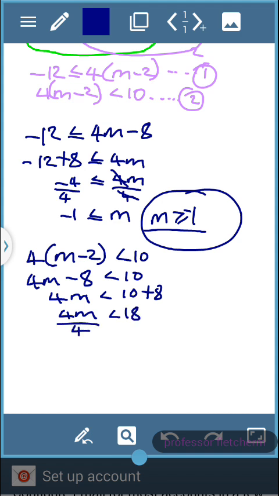Divide both sides by 4, so m is going to be smaller than 4 and a half.